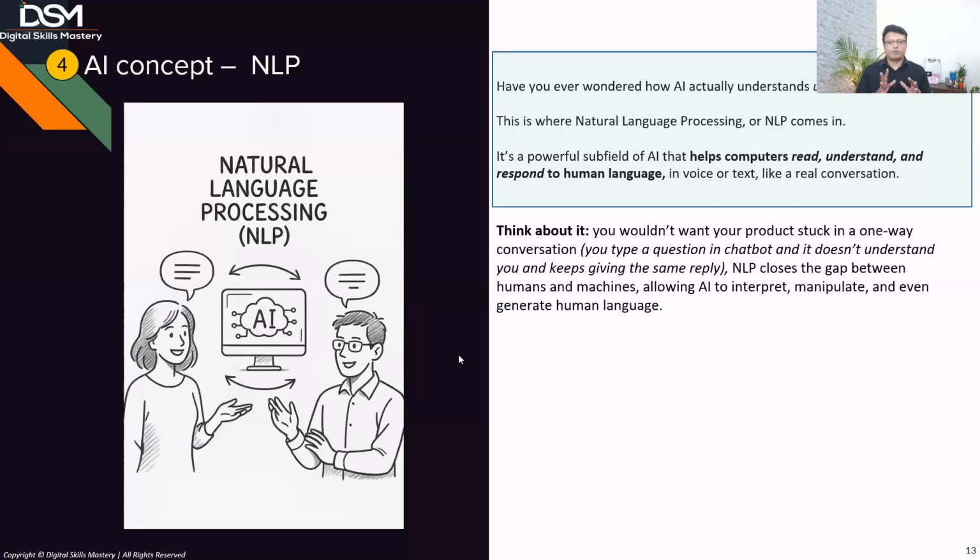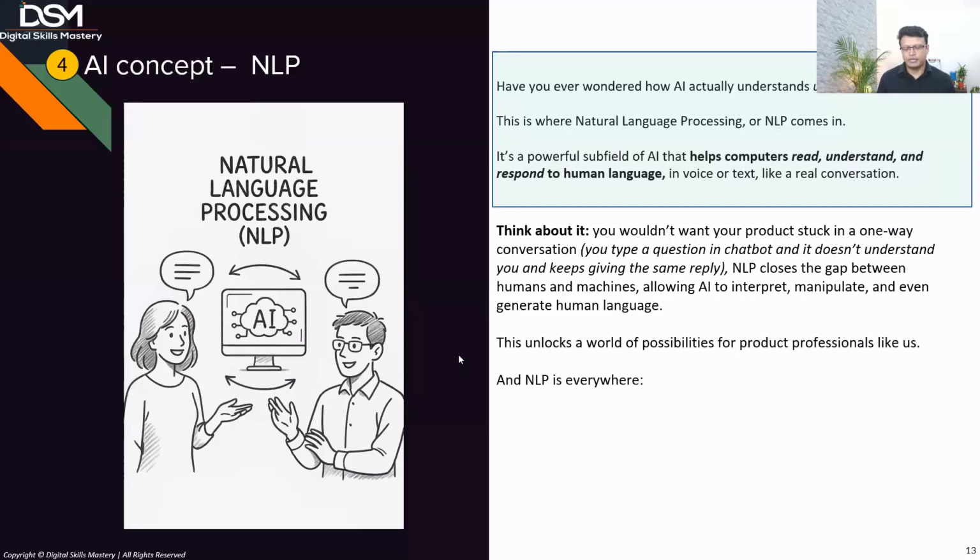Now, you wouldn't want your product to be stuck in a one-way conversation. For example, you type a question to a chatbot, it doesn't understand, and it keeps giving the same reply. NLP closes that gap between humans and machines, allowing the AI to interpret, manipulate, and generate human language responses. It unlocks a world of possibilities, and you will see the application of NLP everywhere.